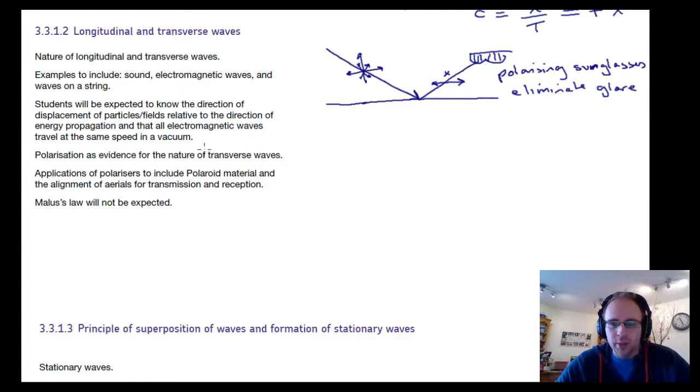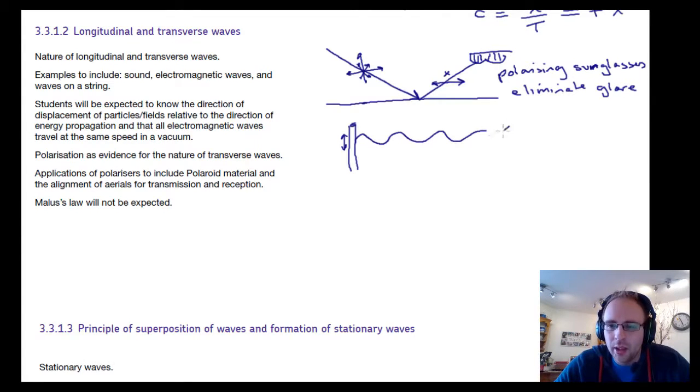Aerials for transmission and reception. So you can get polarized electromagnetic waves like radio waves. It's a bit complicated as well. So if I have a transmitting aerial, and in my transmitting aerial my electrons are moving up and down, then I get plane polarized waves come out.